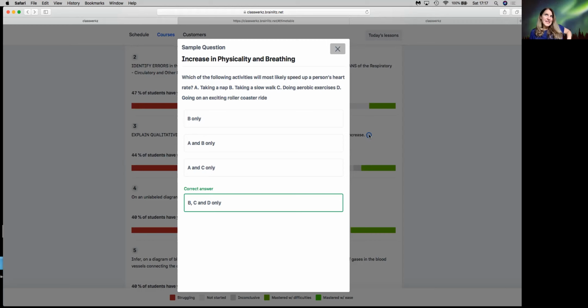I think for this one, it's really about looking at the question and specifically, what is it asking? Is it asking about what happens when a person has a really high heart rate? No, it's not. It's asking more about what will most likely increase or speed up that heart rate.